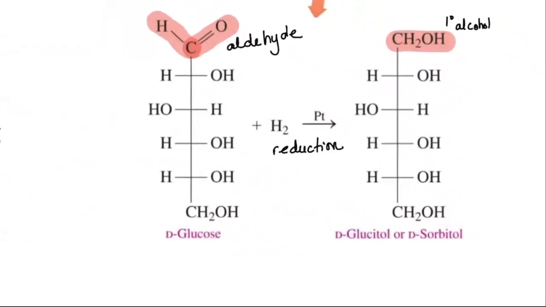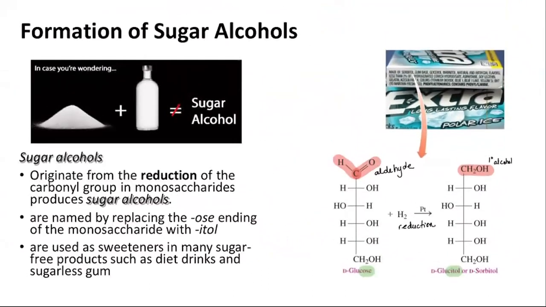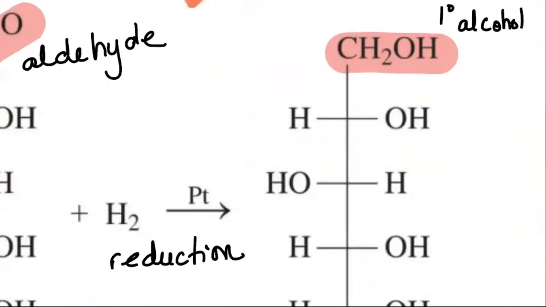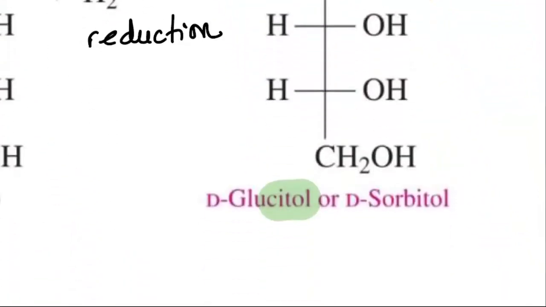As you can see here, we have D-glucose that when it's reduced, the name of its sugar alcohol is going to be, we take the -ose and put -itol. So glucitol is the alcohol that came from glucose. And you can see here in this extra gum that we have something called sorbitol. Sorbitol is just another name for glucitol.